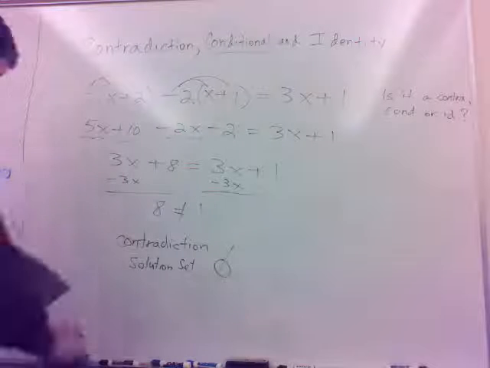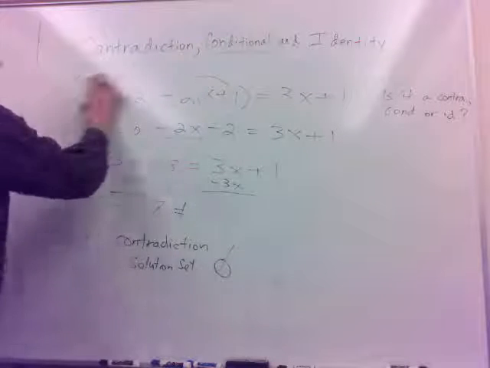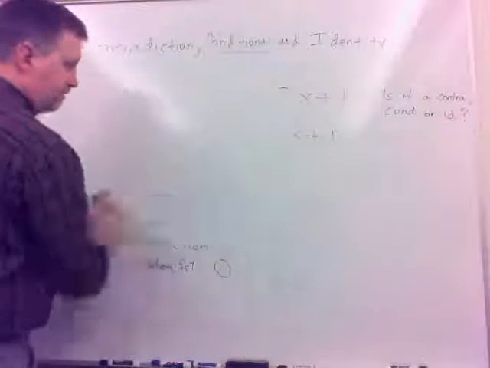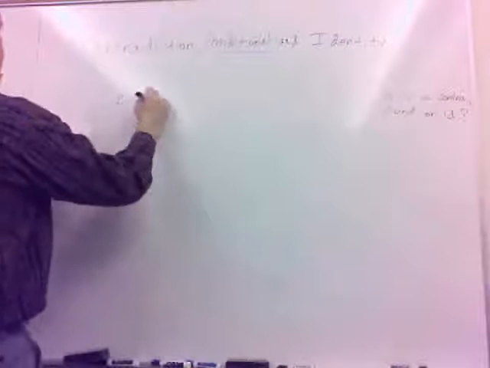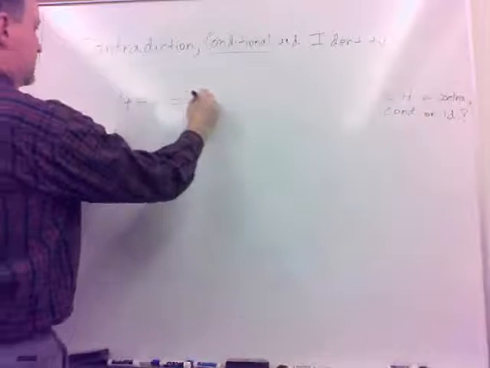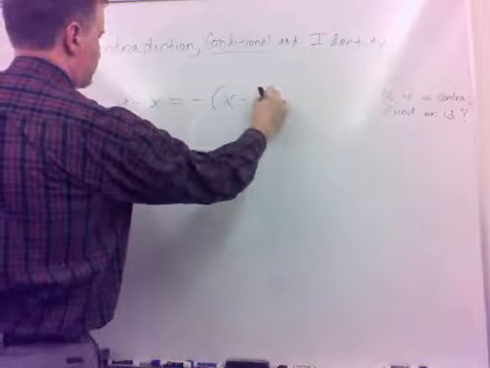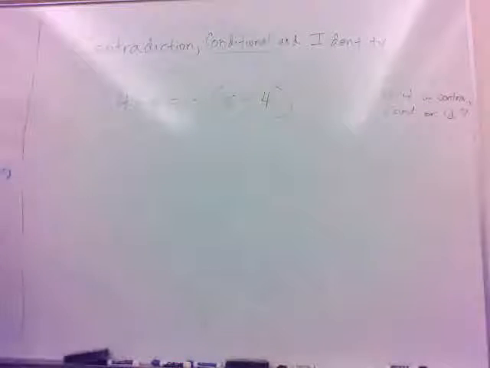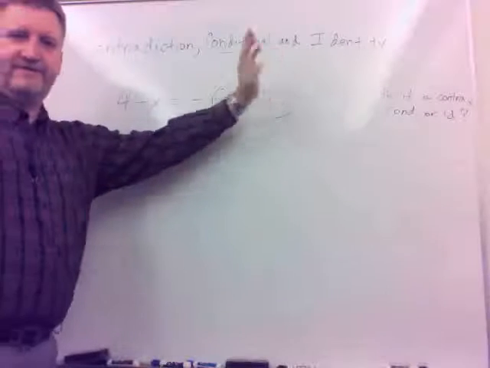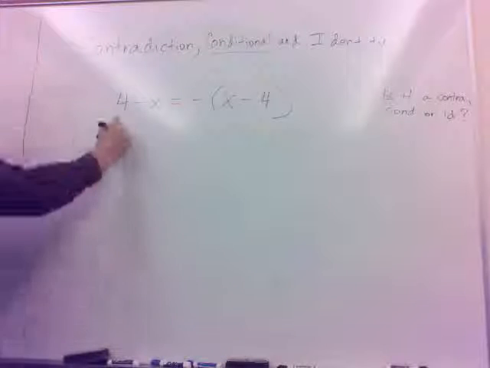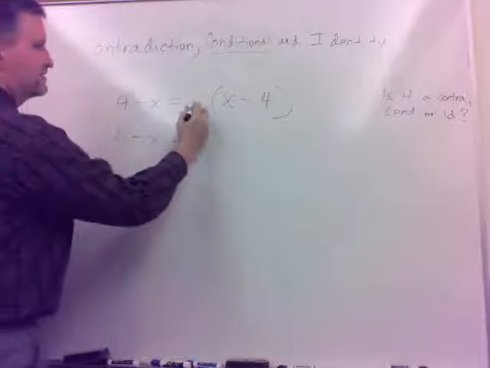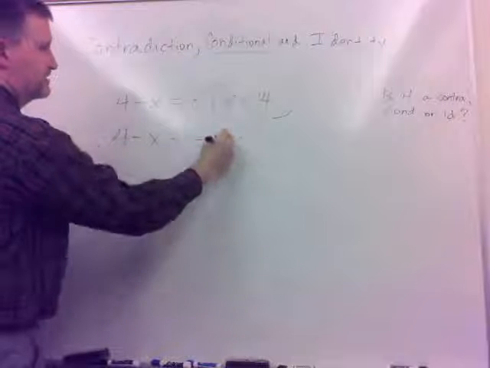All right, one more of those. Let's see if we got it. 4 minus x equals negative the quantity x minus 4. Is that one a contradiction, conditional, or identity? Just solve it out. 4 minus x equals, distribute, so it'd be minus x.